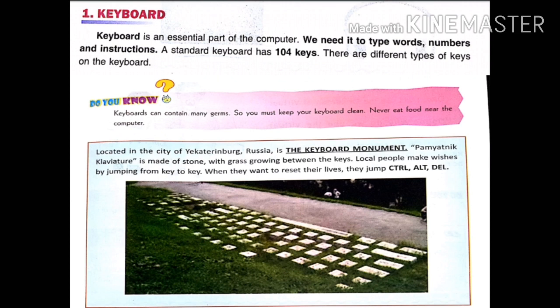When they want to reset their lives, they jump Ctrl Alt Delete. Now this is the shortcut key combination for shutting down the computer. Control with Alt with Delete, if we press, it will shut down the computer automatically.